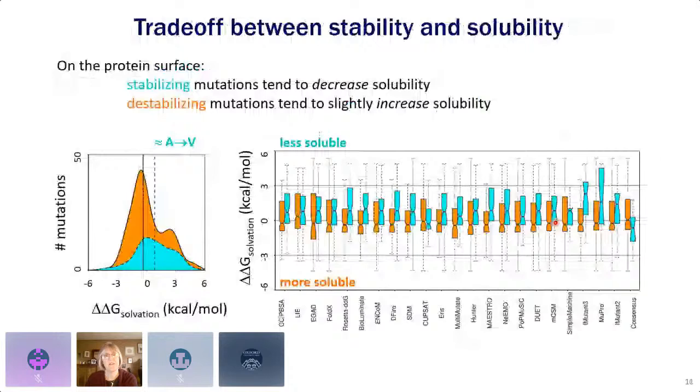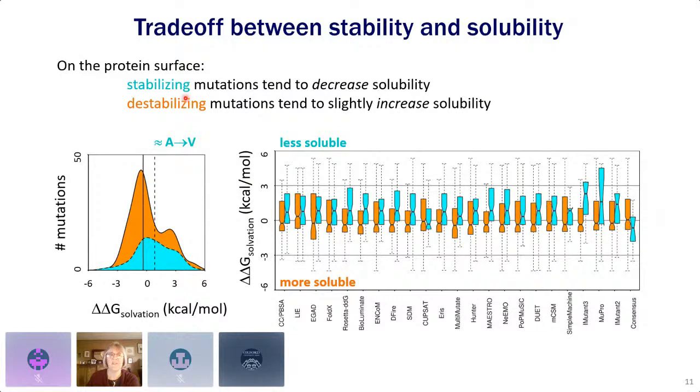So now let's come back to solubility. When we looked at all the mutations that had been designed and calculated their change in solvation, or in other words, their solubility, and grouped them into the stabilizing mutations that are shown in the blue and the mutations that destabilized in orange, what you can see is that the orange bars are typically lower than the blue bars.